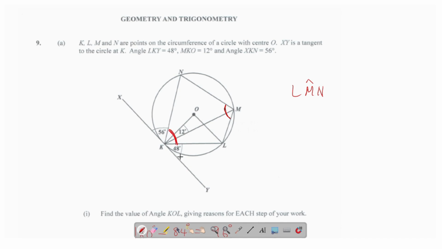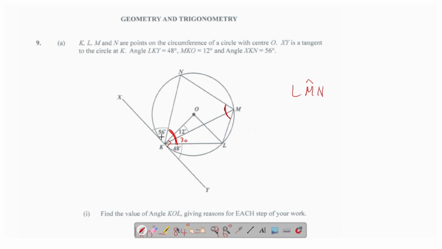Okay, so we already know that this angle is 30 degrees because XY is tangent to the radius OK. So if we have 48 and 12 here, that's 60. Add 30, that's 90. So this is 90 degrees. Also, XY is tangent to the radius at OK, and XKO is 90 degrees.